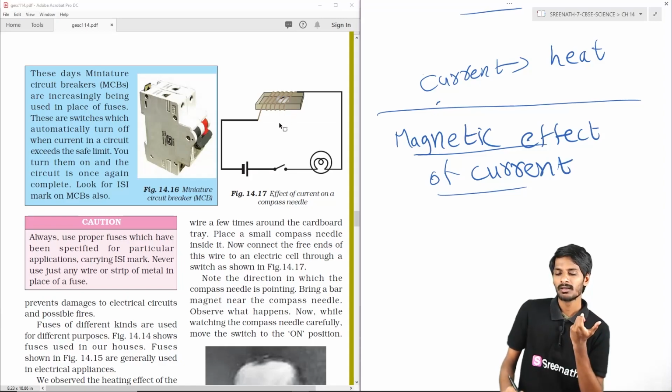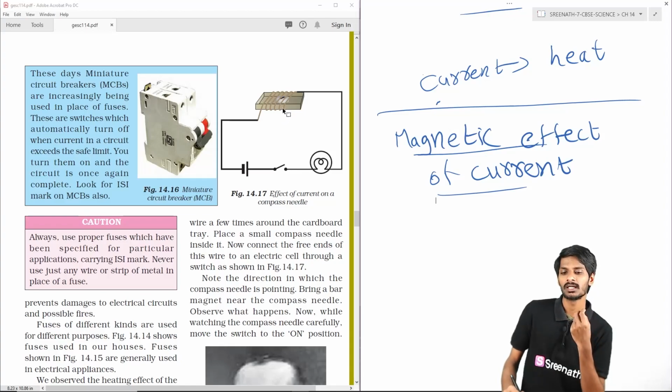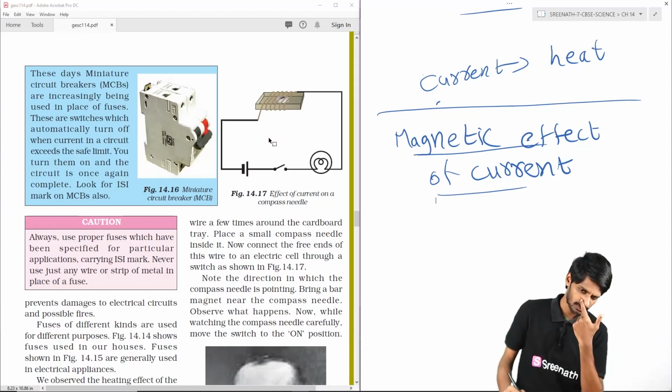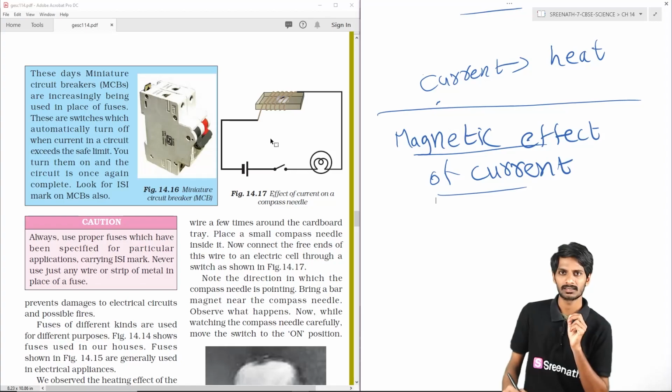A magnetic compass is made up of a tiny magnet. When you leave it in space, it shows the north and south direction.